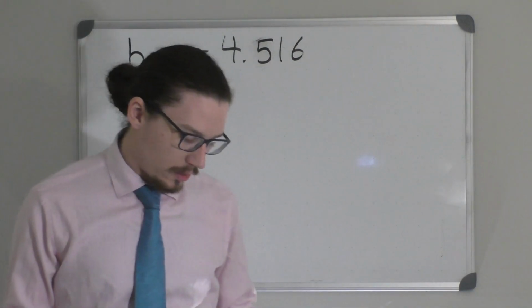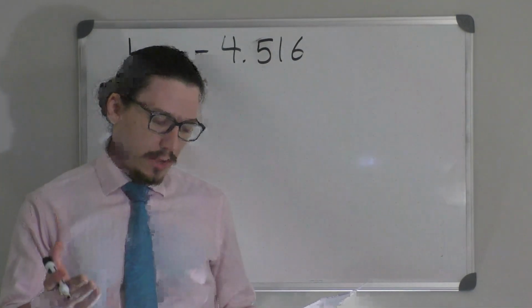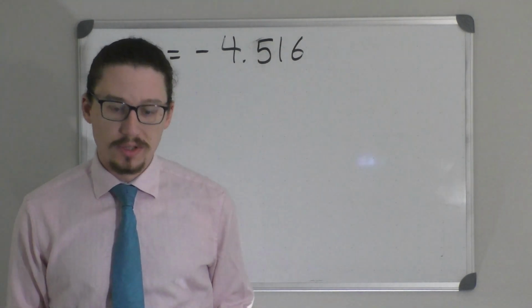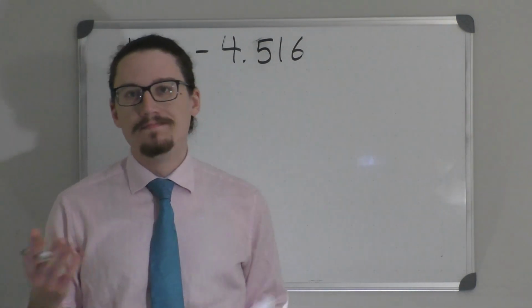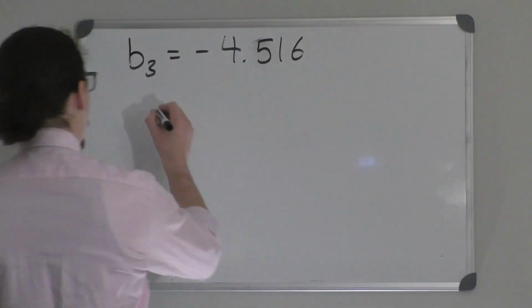Another way to say this, which is more the way a human would say this, is I would expect wages to be $4.52 lower for a female than for a man.